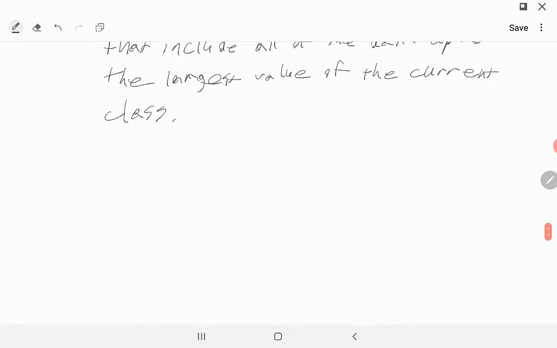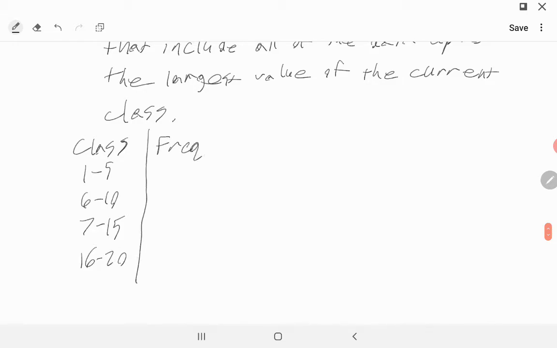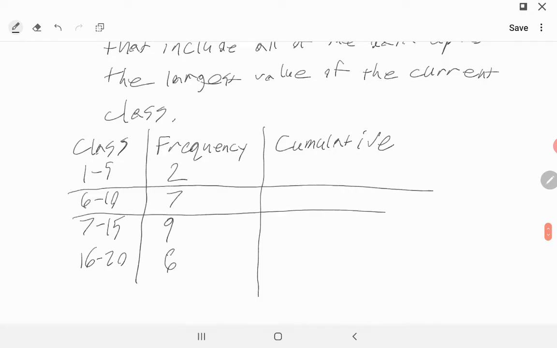The idea is that if we have a frequency table, so if we have classes given by, let's stick with 1 to 5, 6 to 10, 11 to 15, 16 to 20, and then frequencies given by 2, 7, 9, 6, we notice that the cumulative frequency is the sum of everything up to that class.